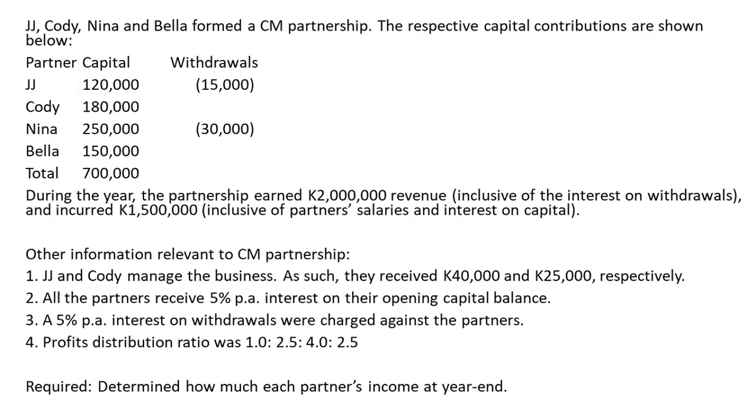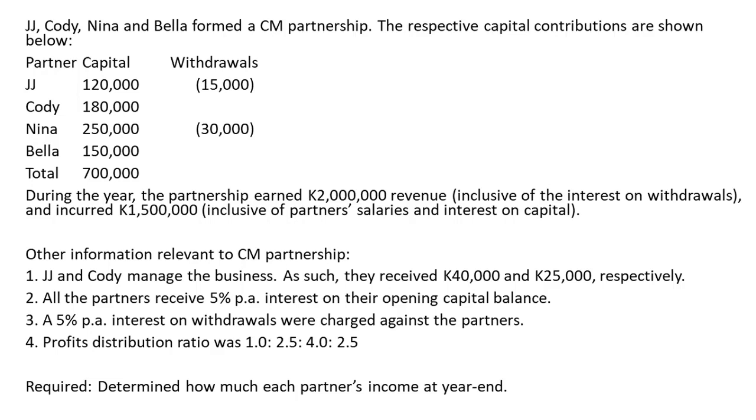Other relevant information for the partnership: JJ and Cody manage the business, and they receive 40,000 kina and 25,000 kina respectively. All partners receive 5% interest per annum on their opening capital balance, and they will be charged 5% interest on withdrawals.